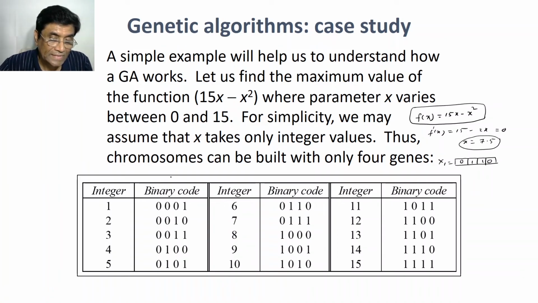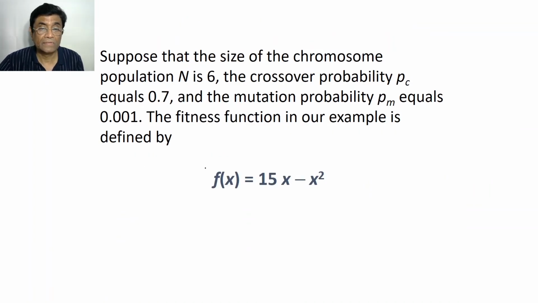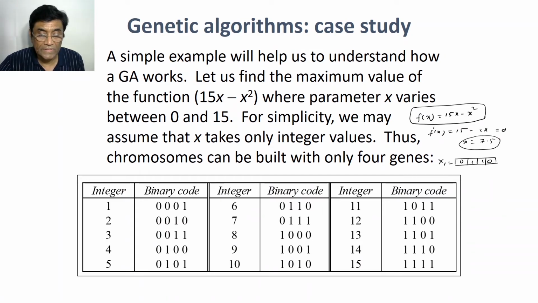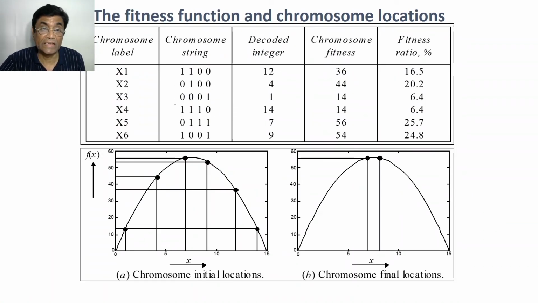Also, I decide, so it's a design problem, a lot of decisions you will have to take, that I will take 6 chromosomes. So these are the chromosomes, right? Which 6 can I select? Initially, randomly you can select.